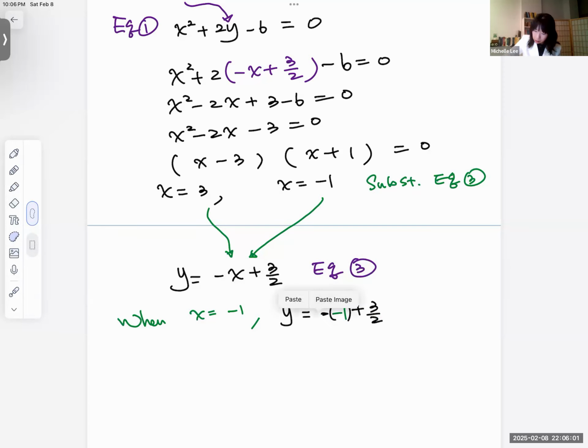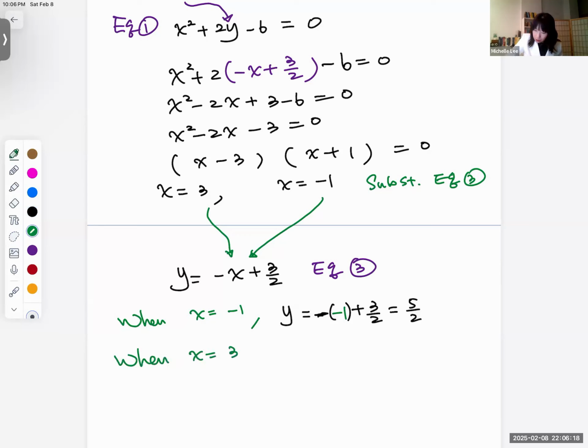All right, so can you calculate? The common denominator is 2. So 2 over 2, it's a positive 1, and 2 over 2 is a positive 5. Okay.